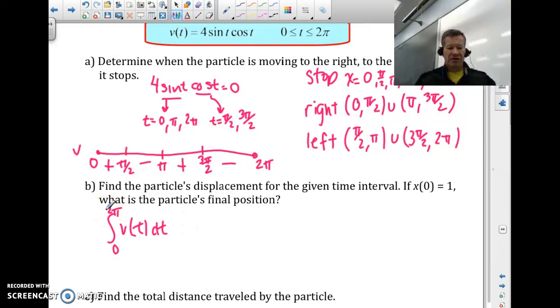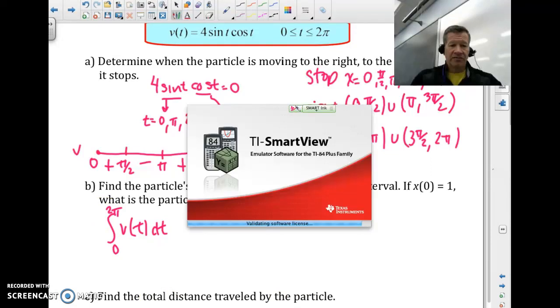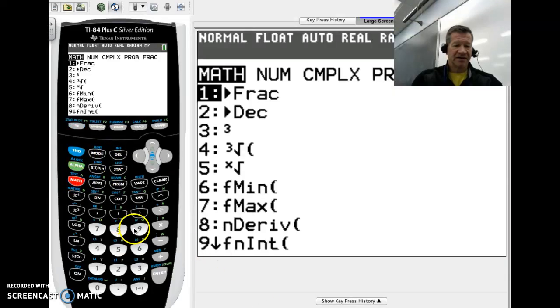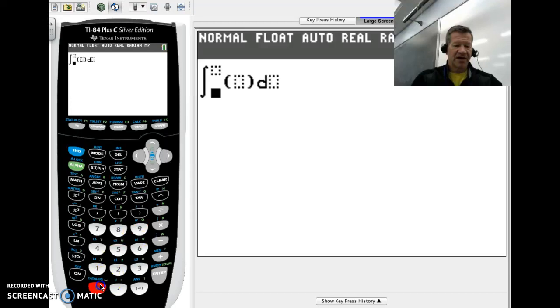I'm going to use fnInt for this just to save some time. Make sure you're in radian mode. I could find this integral analytically using a little u substitution, but we'll just speed things up a bit. So Math 9, from 0 to 2 pi, of 4 sine t cosine t.